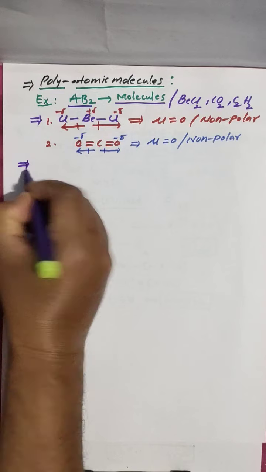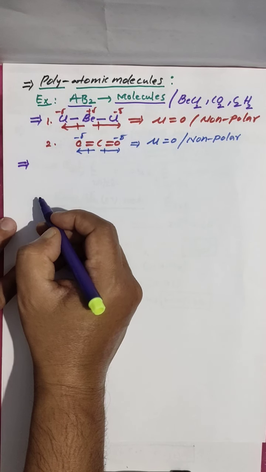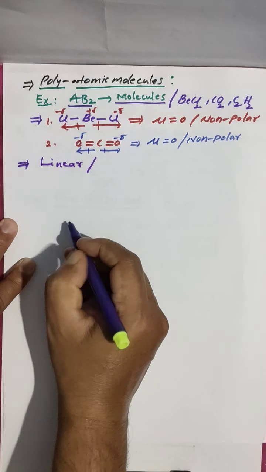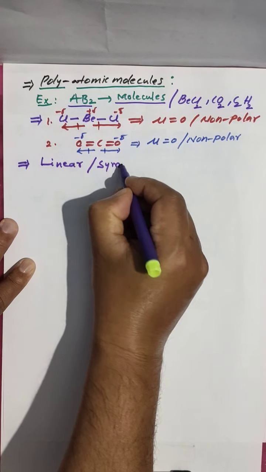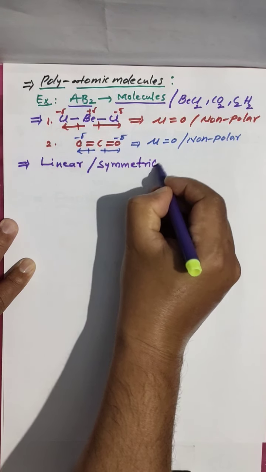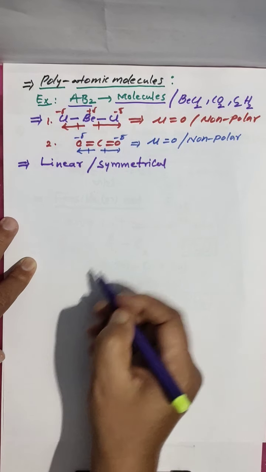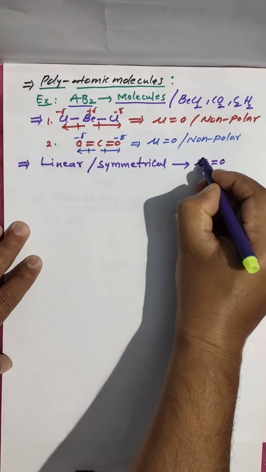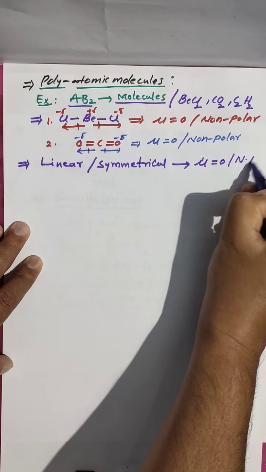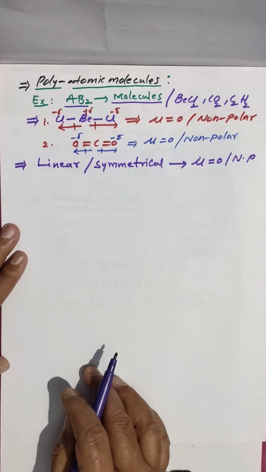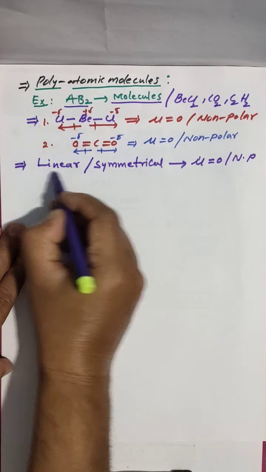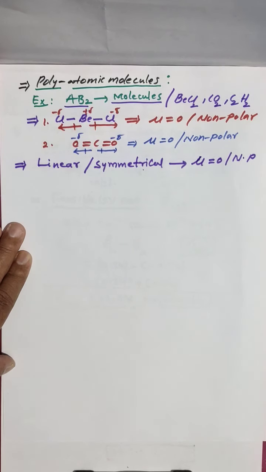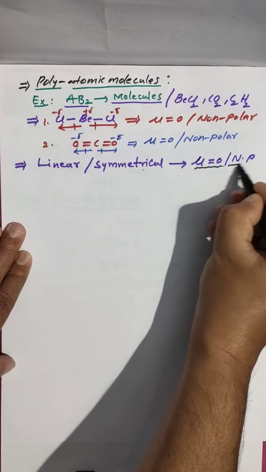And another important thing I am giving to you: all linear and symmetrical molecules have net dipole moment 0, which means these are non-polar. Remember, all linear molecules and symmetrical molecules have net dipole moment always 0. Those are non-polar. This is the trick you have to remember.